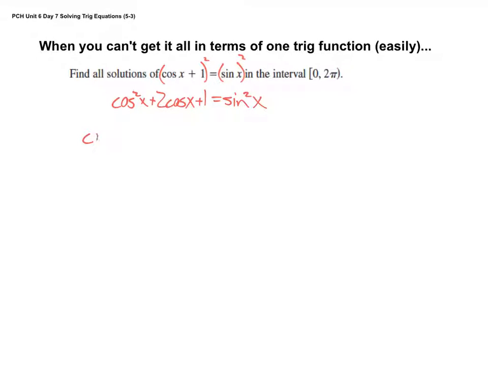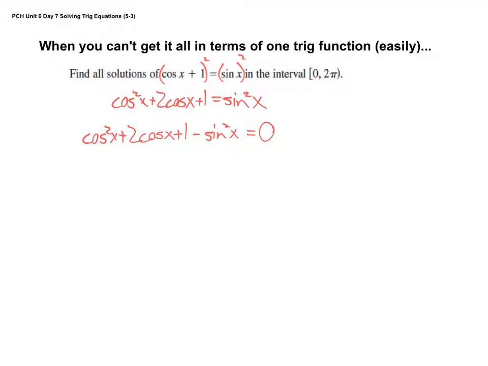We have cosine squared plus 2 cosine x plus 1 minus sine squared x equals 0. You can make sine squared x become 1 minus cosine squared x.